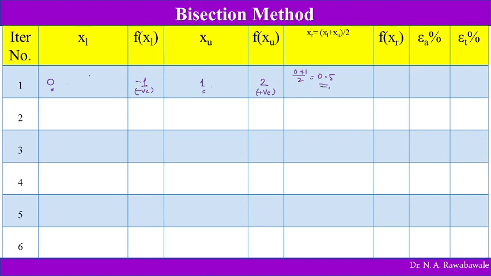Substituting 0.5 in this equation, f of x is equal to x to the power of 3 plus 2x minus 1.